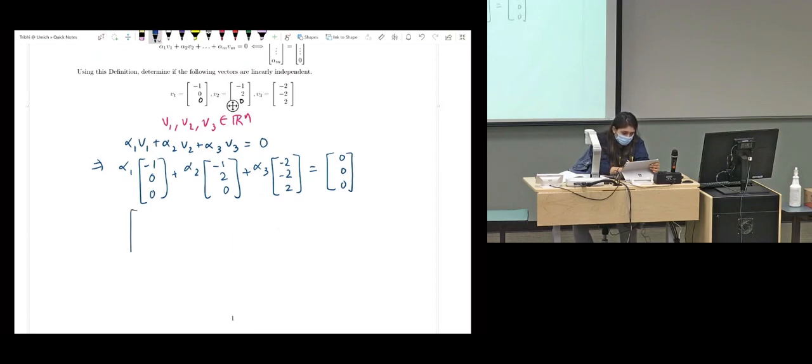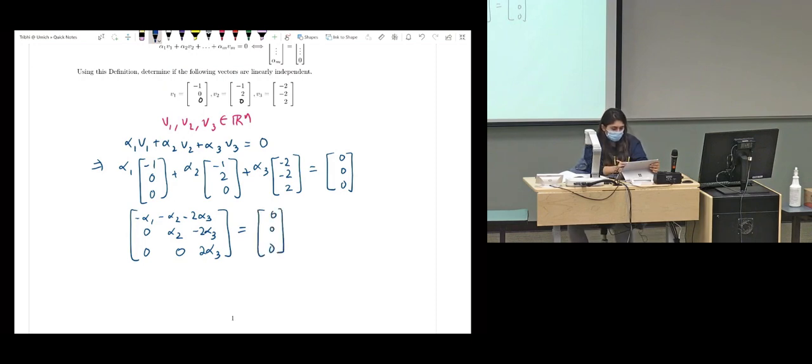This becomes minus alpha 1 minus alpha 2 minus 2 alpha 3. This is 0, this is 2 alpha 2 minus alpha 3. This is 0, 0, 2 alpha 3 equals this. Now you will see these are sets of equations where all of the rows add up to zeros.